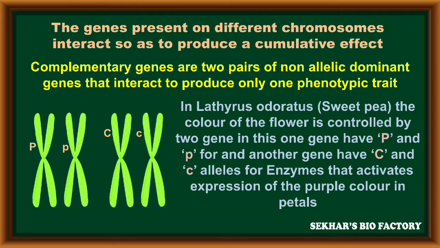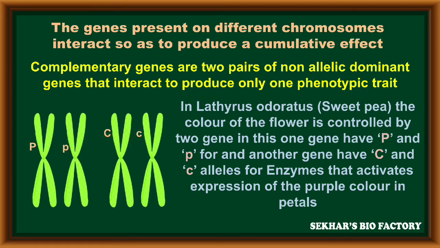Taking one example, in Lathyrus odoratus, the sweet pea plant, the color of the flower is controlled by two genes. One gene has a capital P, small p allele, and another gene has capital C, small c alleles.